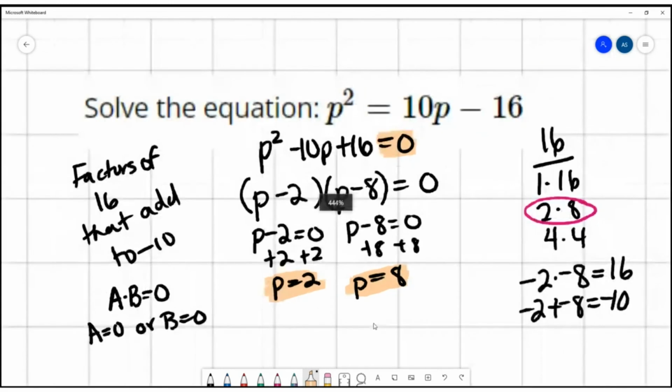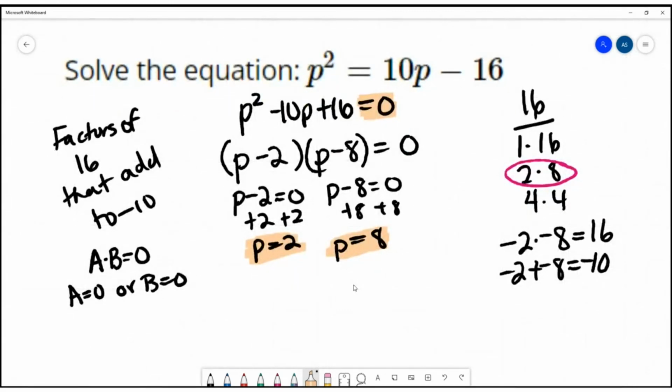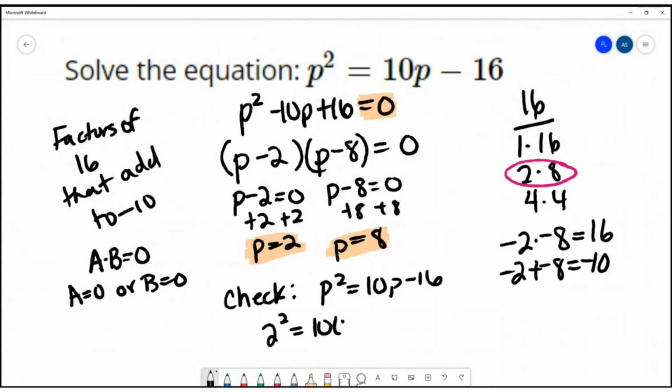We can check this by substituting it into the original equation. So we'll substitute into p squared equals 10p minus 16. That's 2 squared equals 10 times 2 minus 16. 2 squared is 4. 10 times 2 is 20. 20 minus 16 is 4.